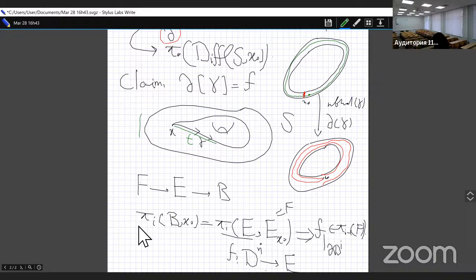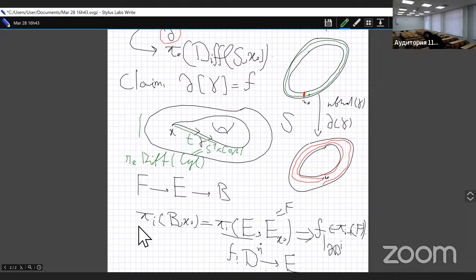One more explanation. Suppose we have a cylinder. A cylinder is S1 cross [0,1].